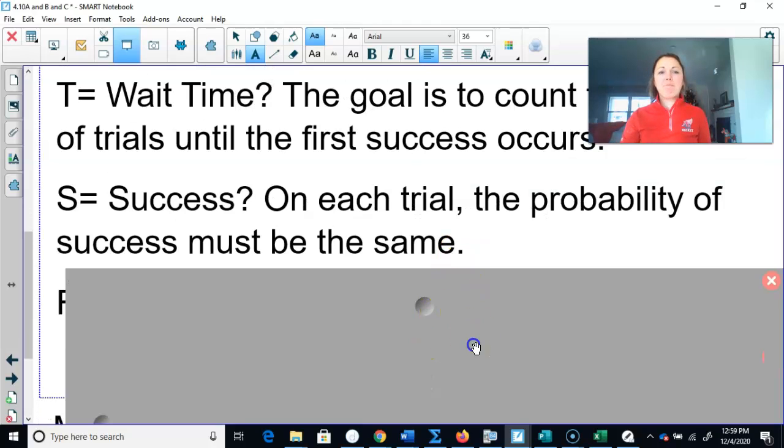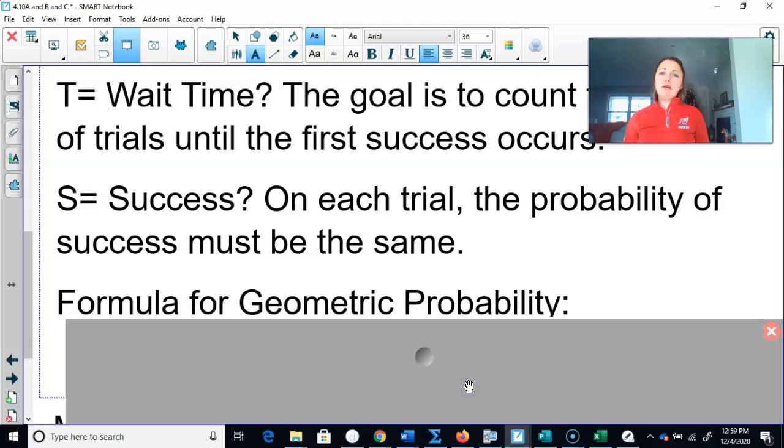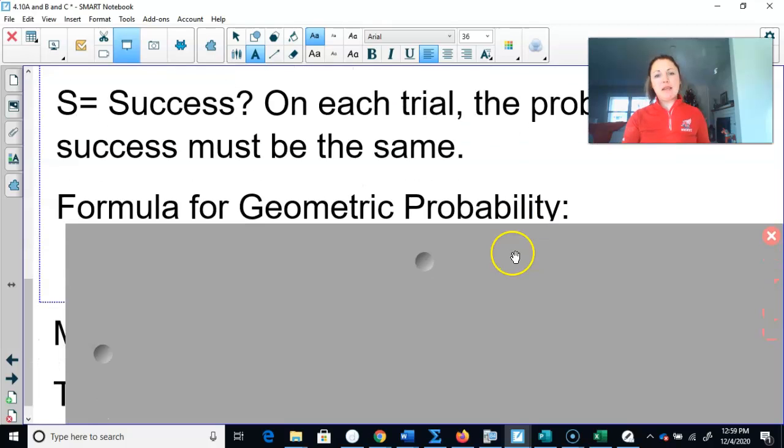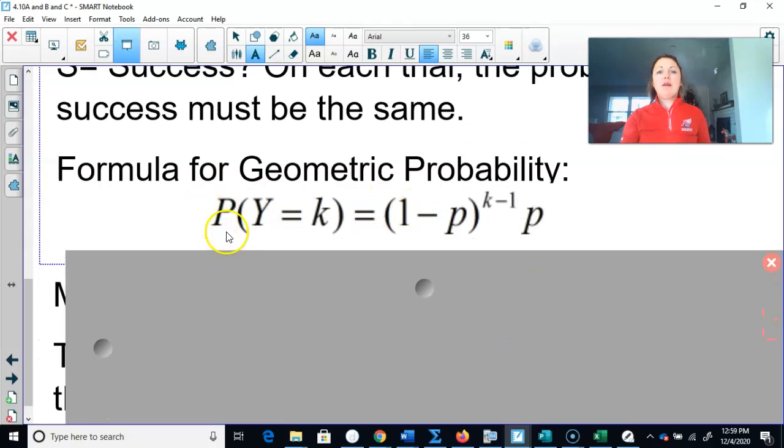Okay. Now, there's a formula for geometric probability. How do we figure out geometric probability? You do need to write this down. Okay, the probability that capital Y, that's the distribution. So what's the story about? We're rolling dice or we're shooting free throws. Okay, that our first success is on K times.